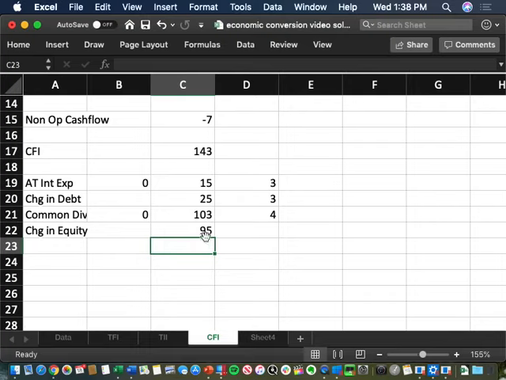So it went up by 95, but since I increased it, that's actually bringing new equity to the firm. So I got to flip the sign. So now when I sum these, I should get 143. Balancing statements are critical, otherwise I made an error.